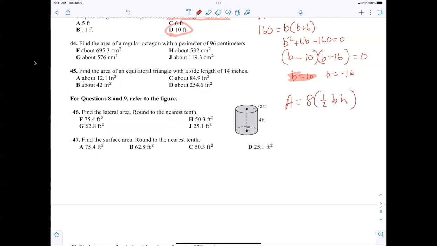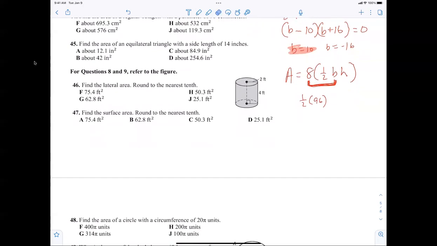All right, so now what is 8 times the base called? That's called the perimeter, right? So I'm doing half of 96. Now I have to figure out what the height is, correct?